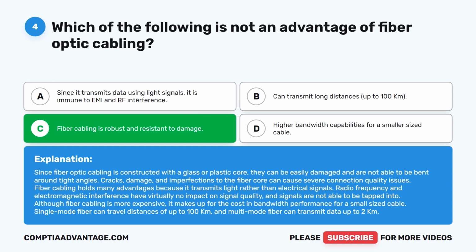Radio frequency and electromagnetic interference have virtually no impact on signal quality, and signals are not able to be tapped into. Although fiber cabling is more expensive, it makes up for the cost in bandwidth performance over a small-sized cable. Single-mode fiber can travel distances of up to 100 kilometers, and multi-mode fiber can transmit data up to 2 kilometers.